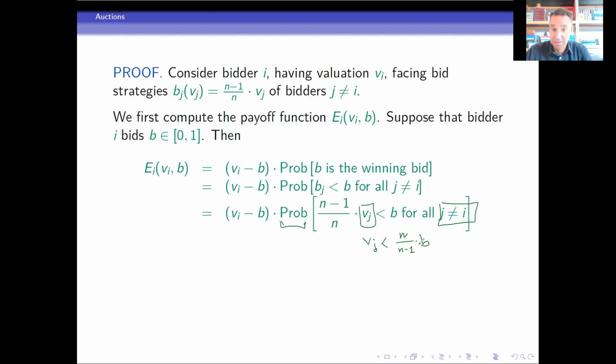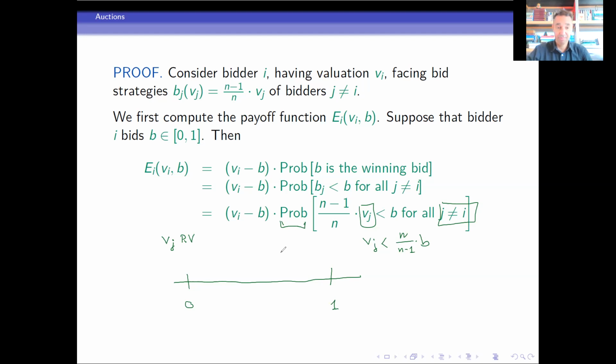How big is that probability? Well, that is something that's always good to understand. So I am considering a random variable Vj that is uniformly distributed over the unit interval.